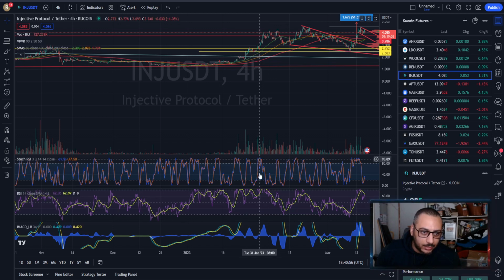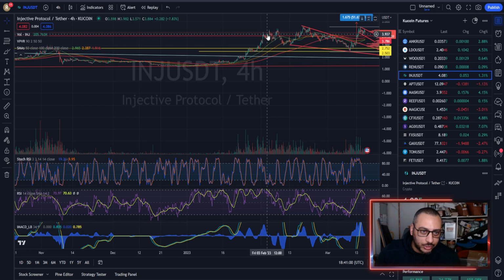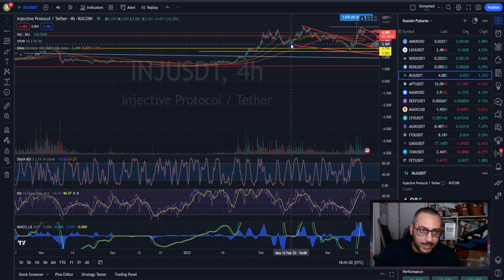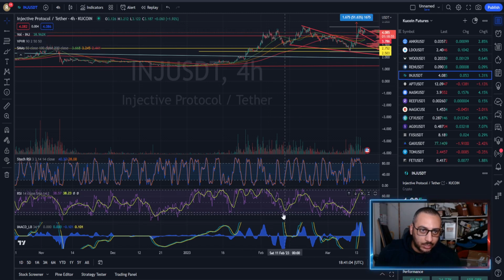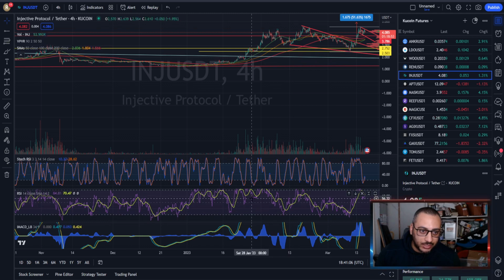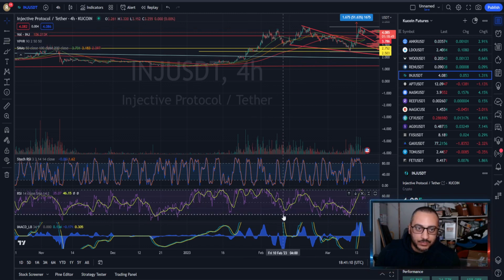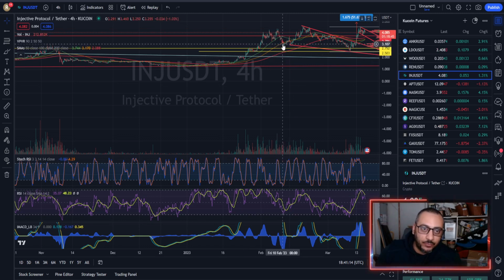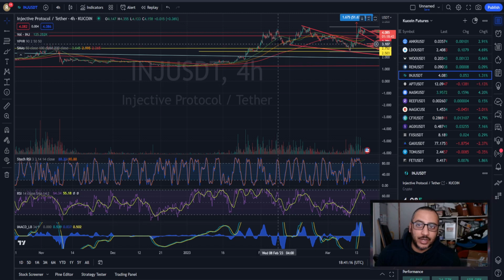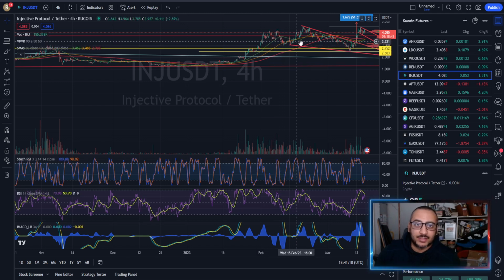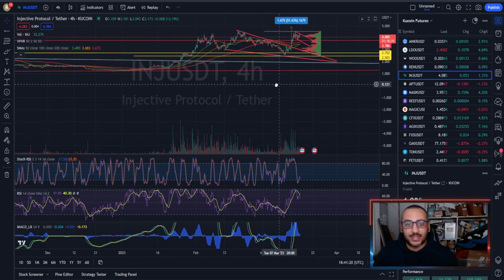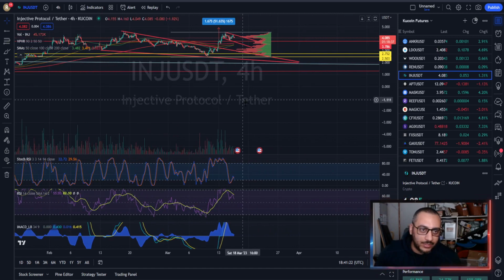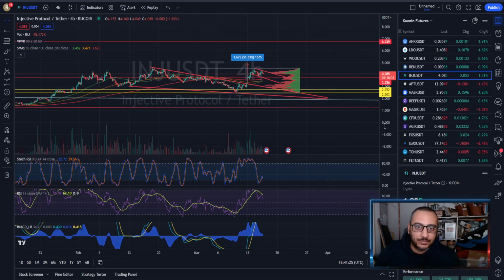So you had a low here, low in price, you got your rise, and then when you came down right here, you can see you had a low much lower on the relative strength, yet higher prices. That was hidden bullish divergence. That signaled to the traders, hey, it's time to buy, so that sent the price up. Anyways, that's kind of what we're looking for out of this move right now for Injective.